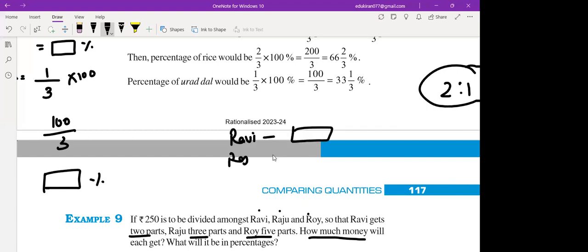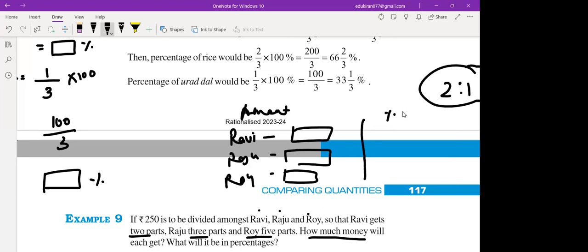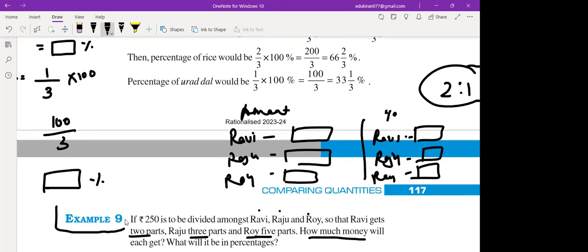Then Raju, you will find the answer. Then Roy, you will find the answer. This will be the amount they'll get. And after that, you will find the percentage. For Ravi, you will find first. For Raju, you will find. For Roy, you will find. Getting the point? Yes.